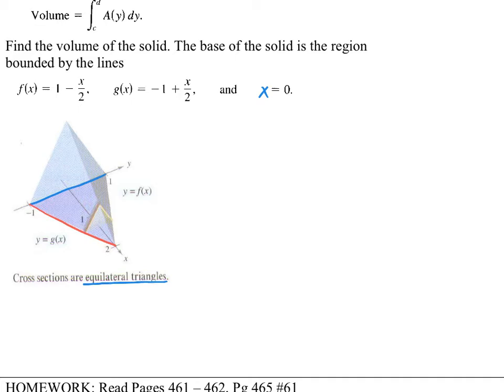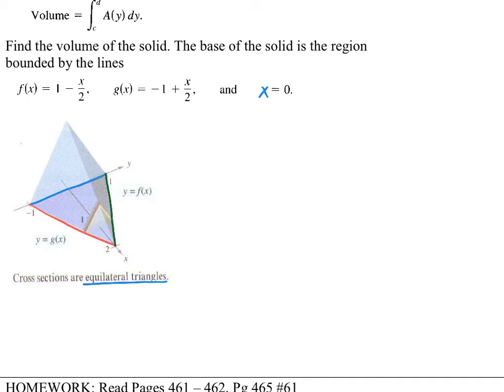So then the other one, f of x, is the line 1 minus x over 2. That's this right here. So that's the base of this object that we're dealing with, okay?